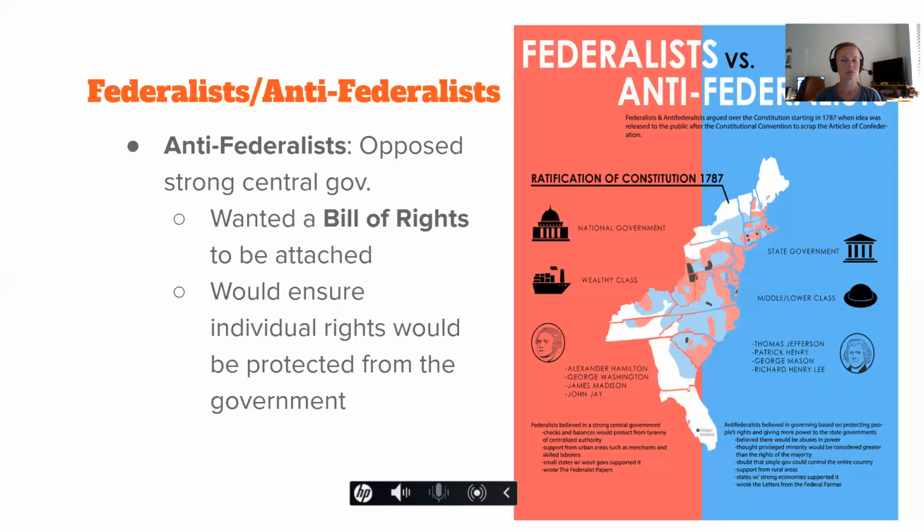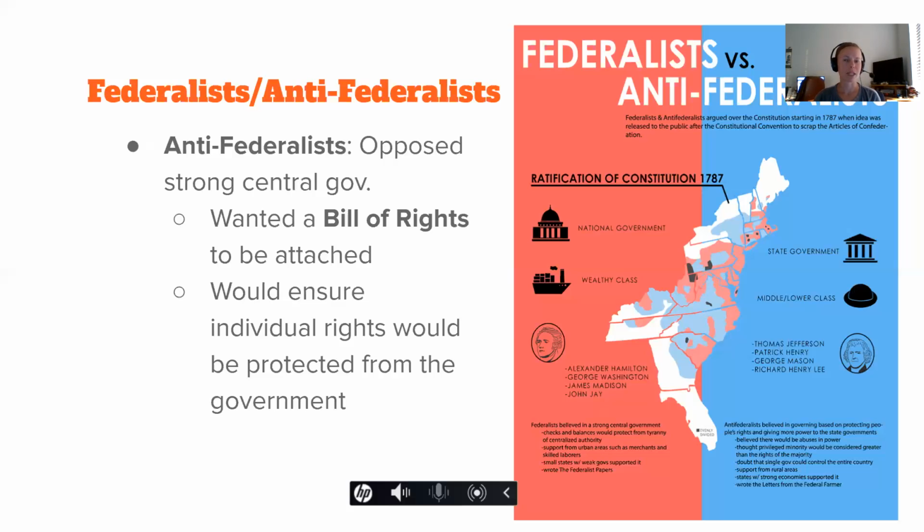And what eventually will happen, just like we saw during the convention itself, is that a compromise will be reached, okay? The Federalists, they're going to get the Constitution. They're going to get their big, strong central government. The Anti-Federalists, they're going to get these basic fundamental rights and protections for the people. And that will come in the form of the Bill of Rights, which is the first 10 amendments added to the Constitution.